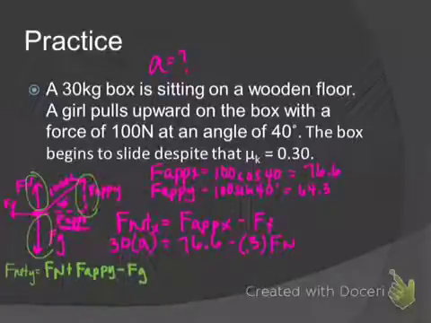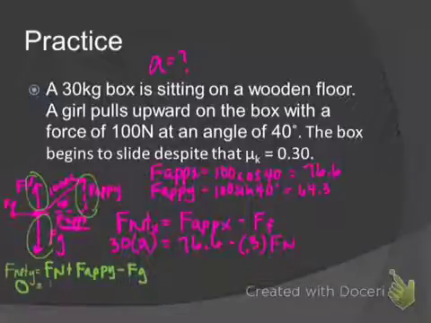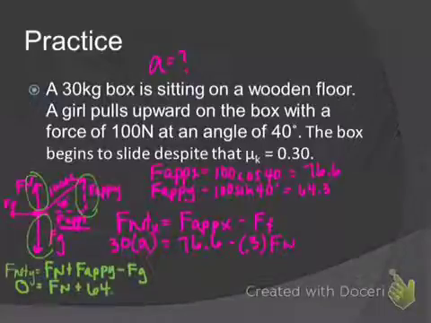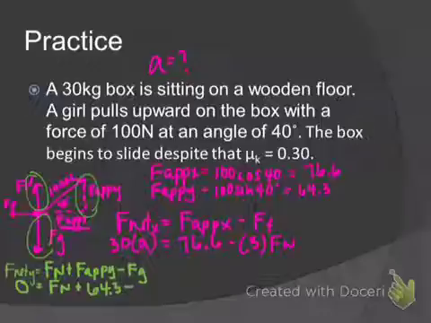Minus FG. So what do we know about the acceleration in the vertical direction? Is the box accelerating in the vertical direction? No, which means this is still 0. Fn plus F applied y, which we know is 64.3, minus mass times 9.8.